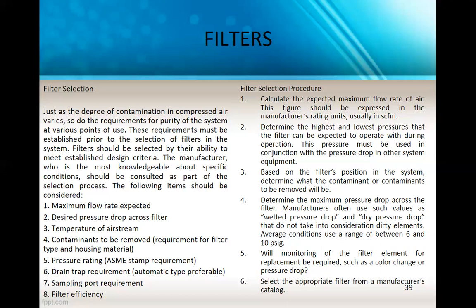Average conditions use a range of between 6 to 10 PSI pressure drop. Number 5, will monitoring of the filter element for replacement be required, such as color change or pressure drop? Filters have a dial or indicator, and some have color codes. Okay. Number 6, select the appropriate filter from a manufacturer's catalog.